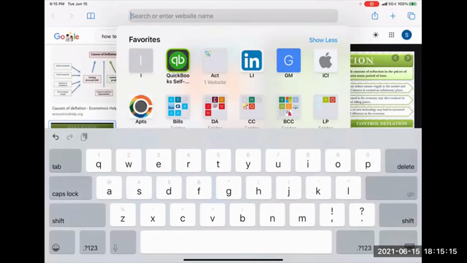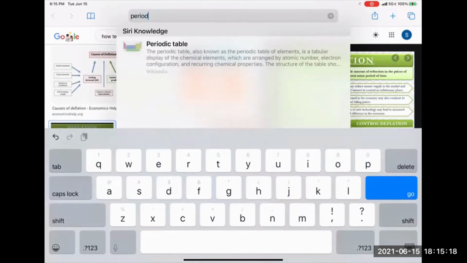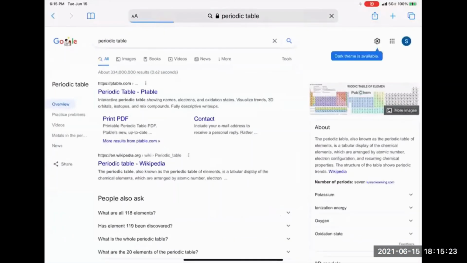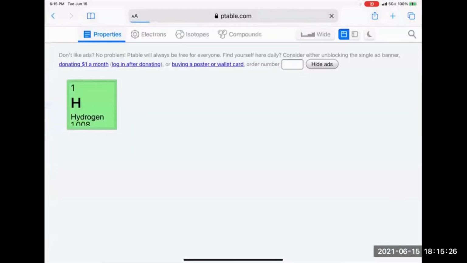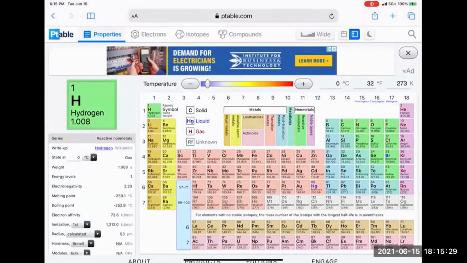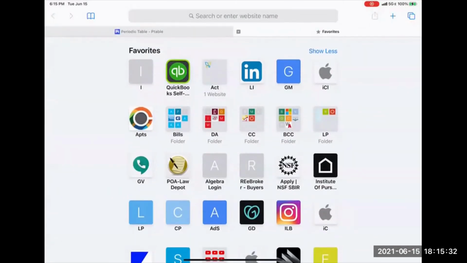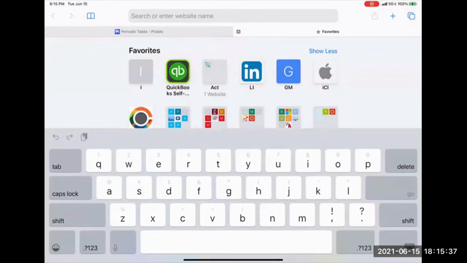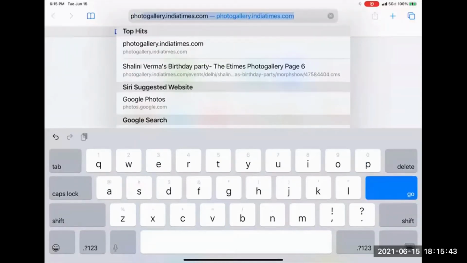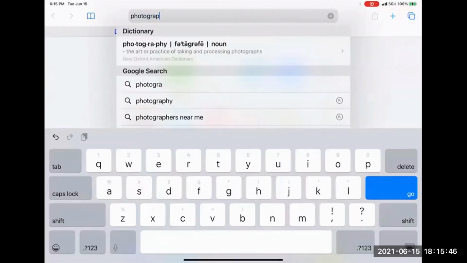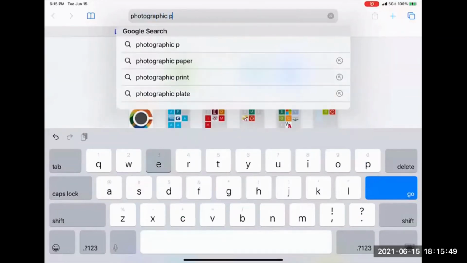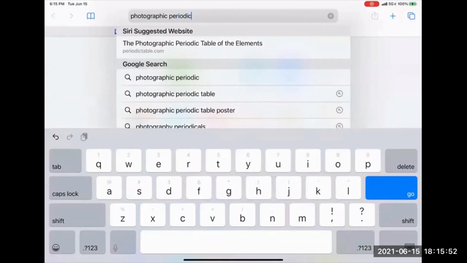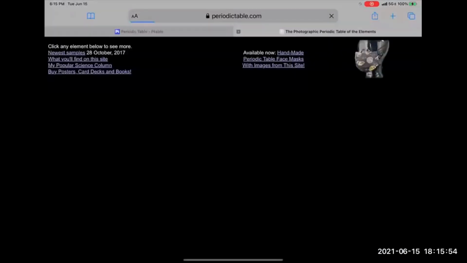Okay, so we have the periodic table, and then we have, okay.